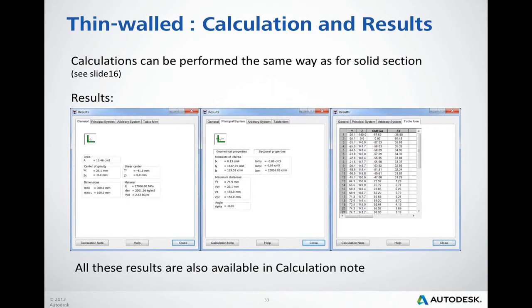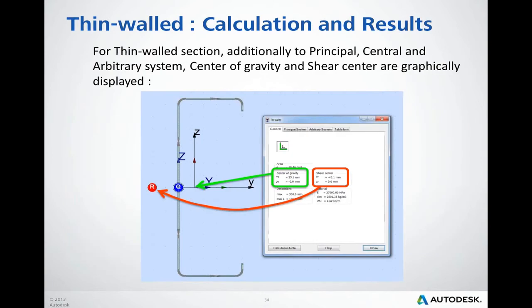Additionally, in table form on the last tab. All the results are also available in the calculation note. For thin-walled sections, additionally to principal, central, and arbitrary system, center of gravity and shear center are graphically displayed.